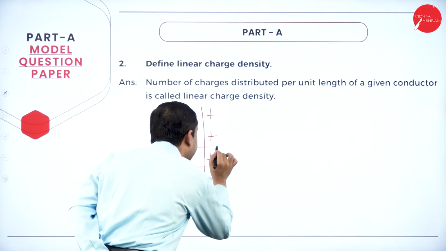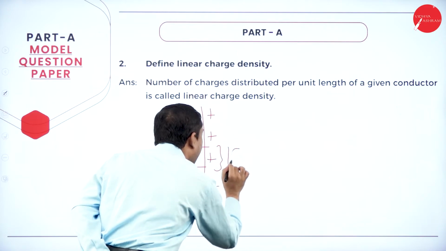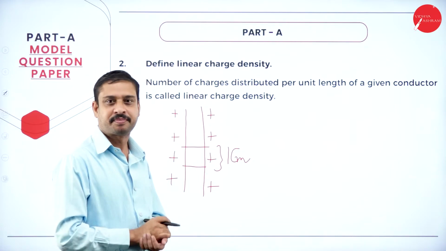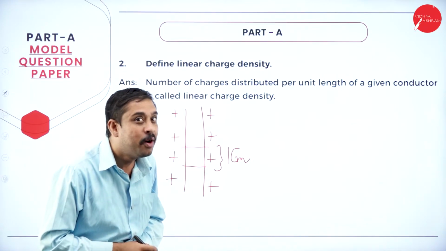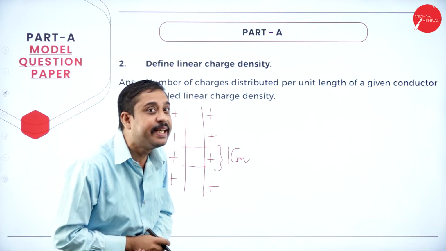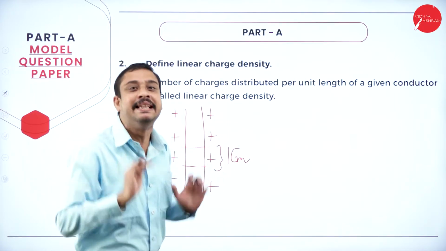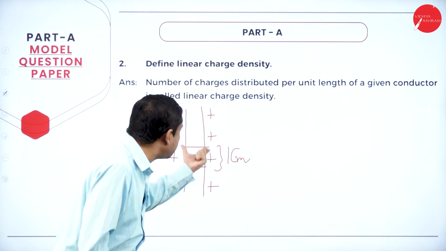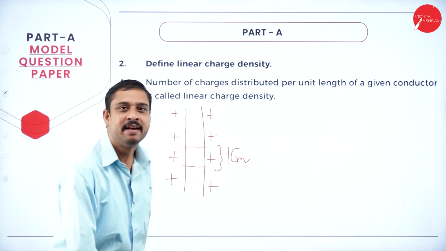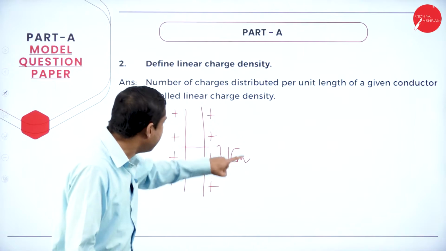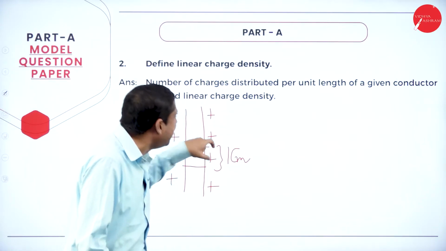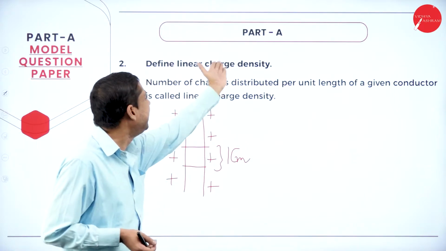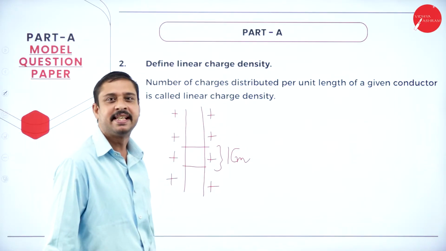I will consider 1 centimeter length of this wire. 1 centimeter length, we call it unit length. The number of charges present around this unit length is what we call as linear charge density.